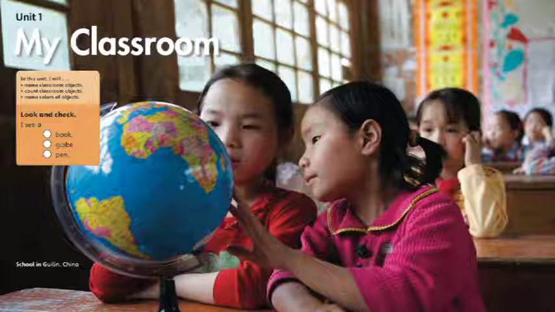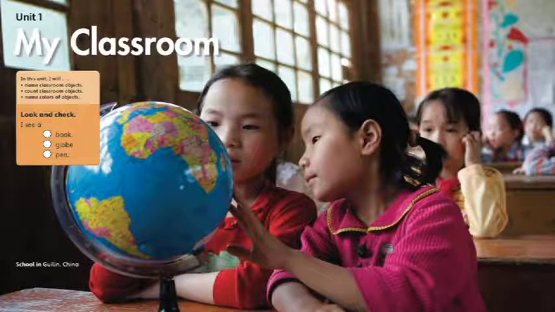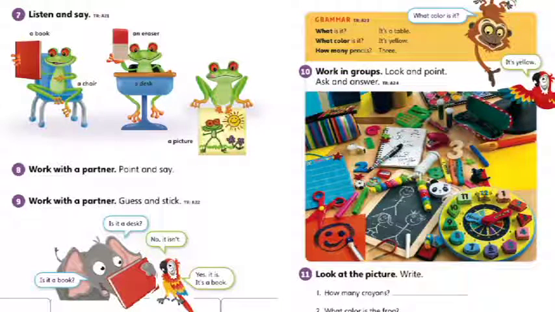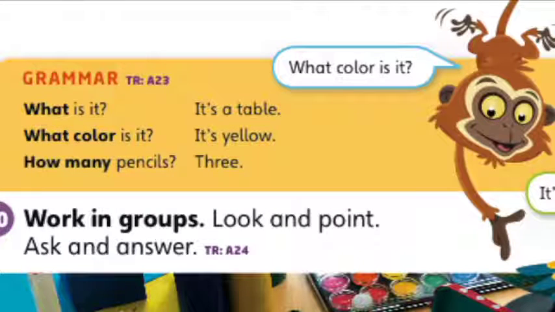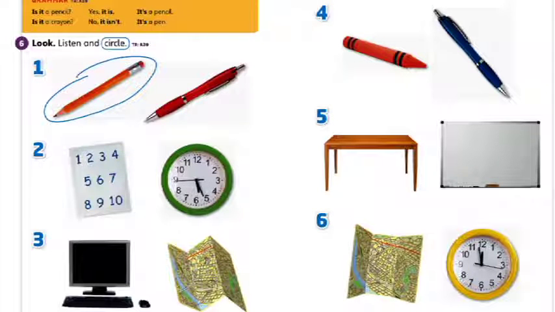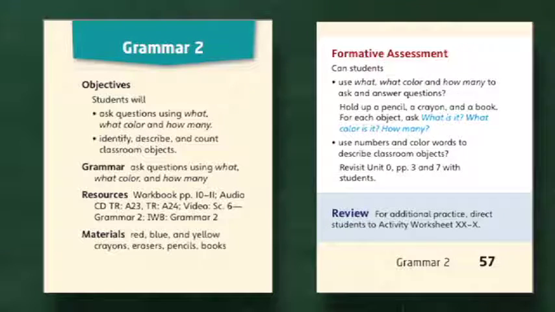In this example, the lesson objectives are that students will ask questions using what color and how many. And students will identify, describe, and count classroom objects. Notice that in the formative assessment section, the lesson objectives have been restated as questions.